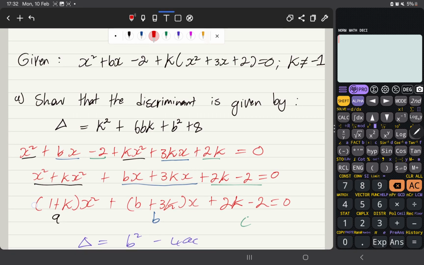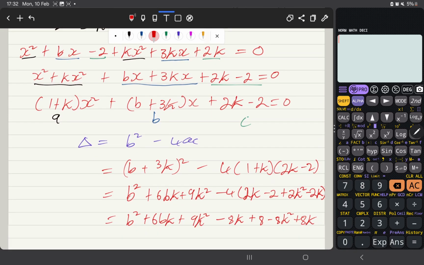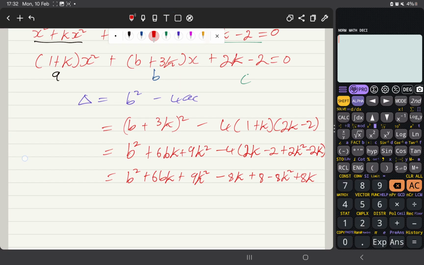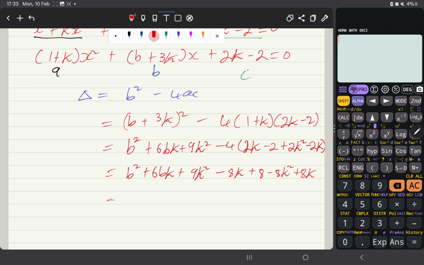Yeah, let me see. So now it's just a matter of grouping the like terms again. I only have 1 b squared, and I have 6bk, and then as for the k squared, let's look at this.